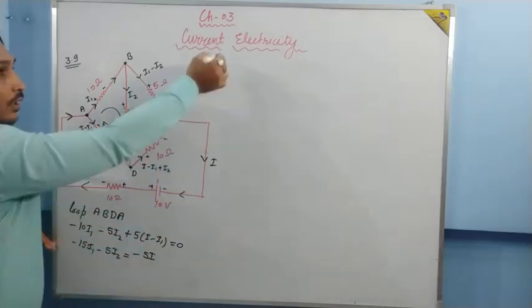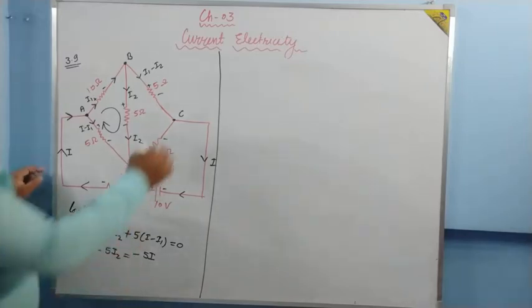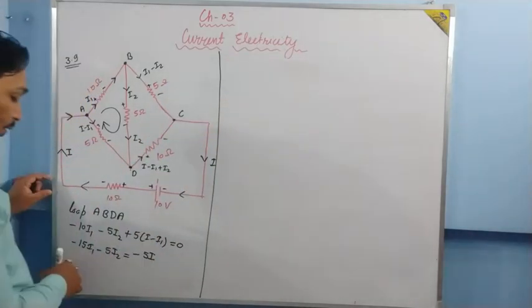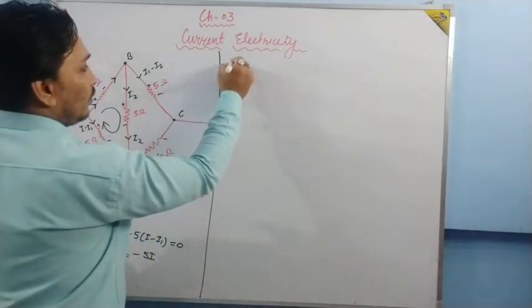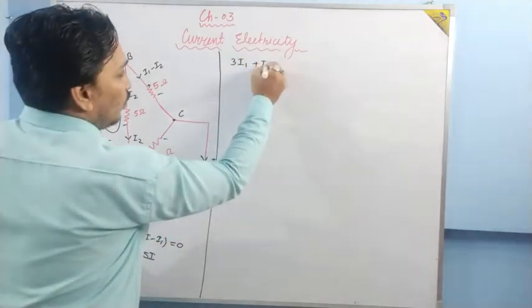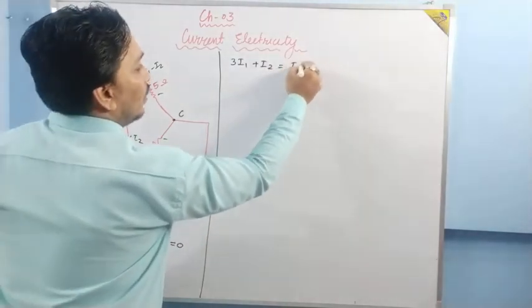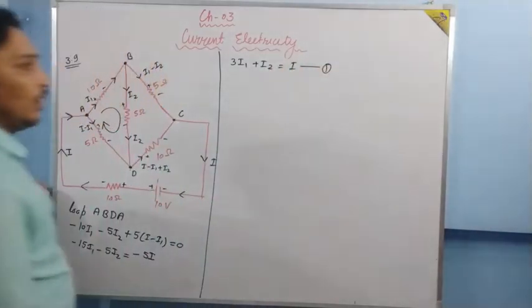Okay, if we multiply with a minus sign and divide it by 5, we'll get 3I1 plus I2 is equal to I.